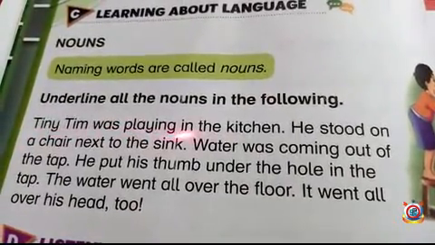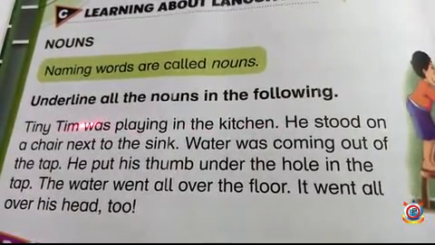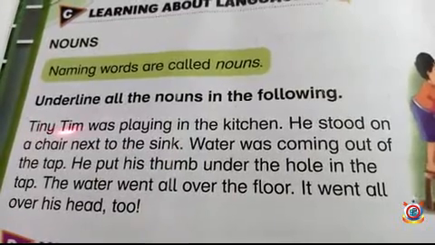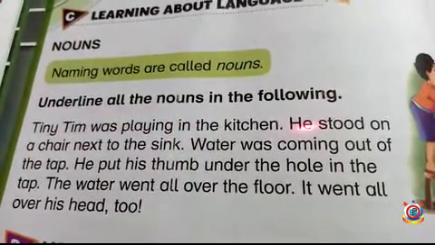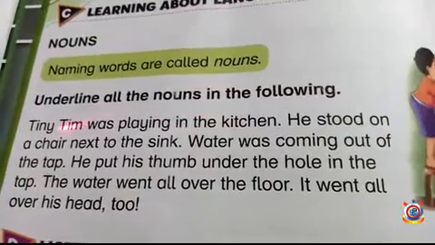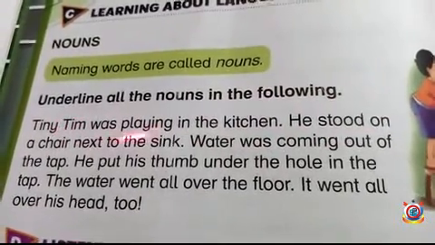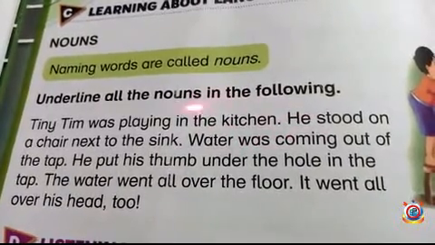Tiny Tim was playing in the kitchen. Now what noun do you find in this one sentence? Very good. Tim is the name of this boy and he was playing in the kitchen. Kitchen is the name of the room where we cook our food.